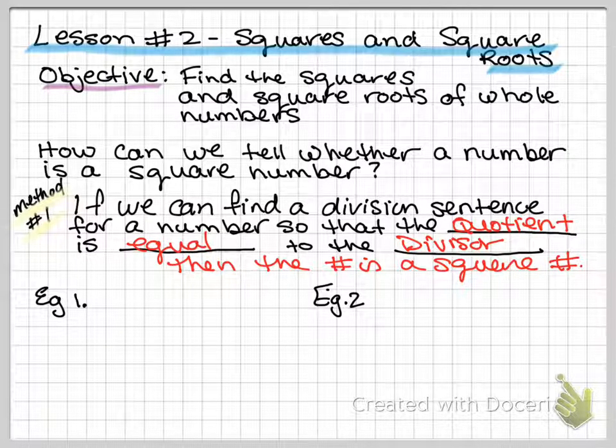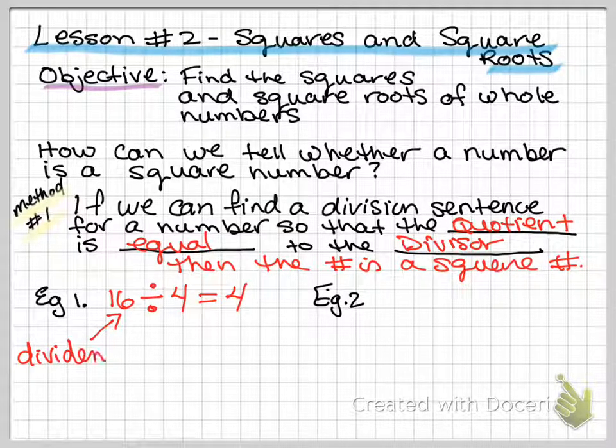If we have a division sentence, let's say the number is 16. If I have 16 and I divide that by 4, and my answer to that is 4, then my first number in a division sentence is called the dividend.